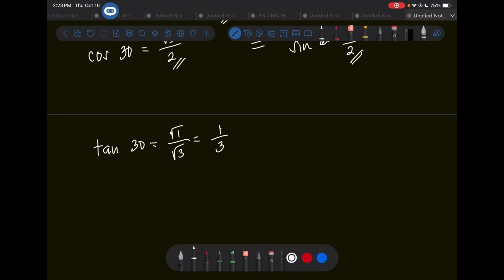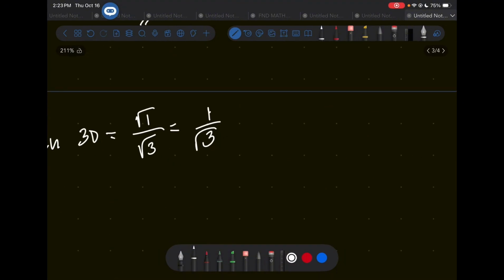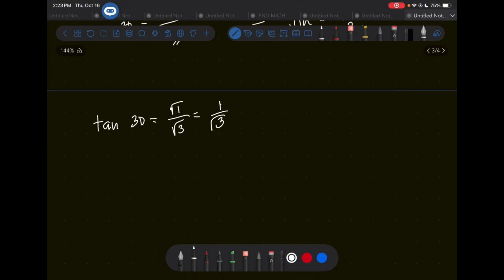Now, we need to rationalize this in order to remove the square root at your denominator. So you multiply it by square root of 3 over square root of 3 to get rid of that square root. So it's going to be square root of 3 over 3. That is your tan 30.